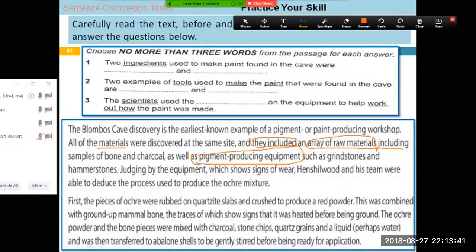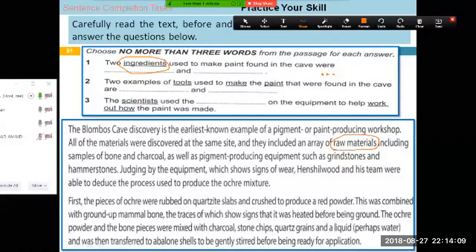Now, try to find the synonyms again, synonym exercise. Two ingredients. What is raw materials? By raw material, we mean something used to produce something else.